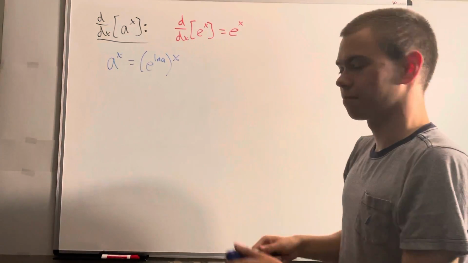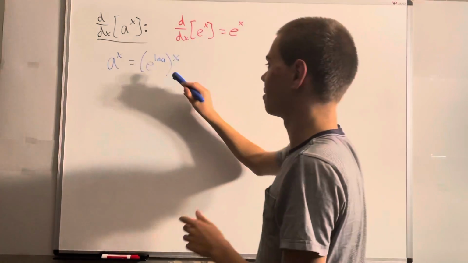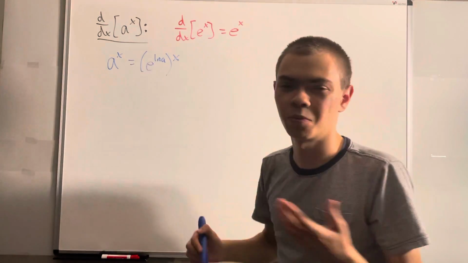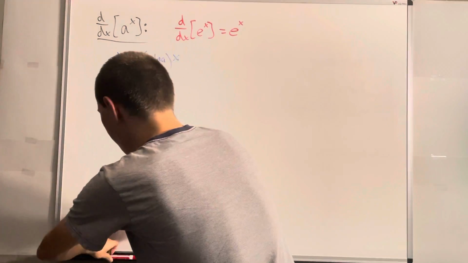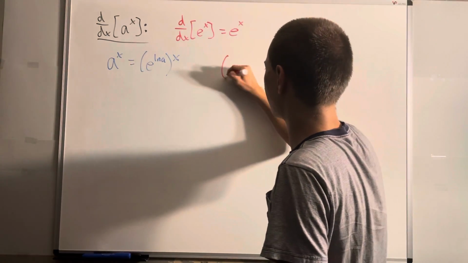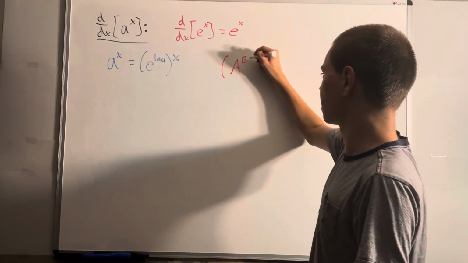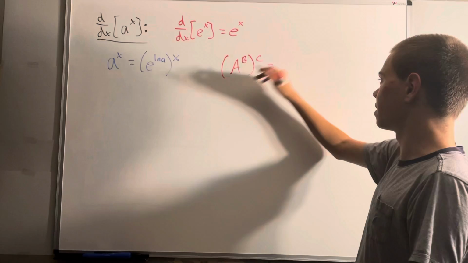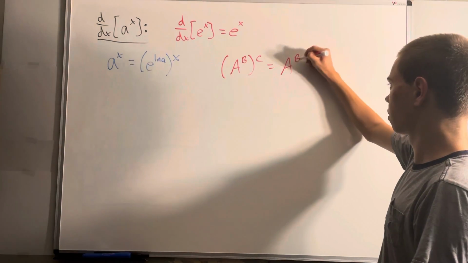The next part is that this is like the idea of multiplying exponents. We remember from the rule for multiplying exponents that if you have something like this, then this would equal that.